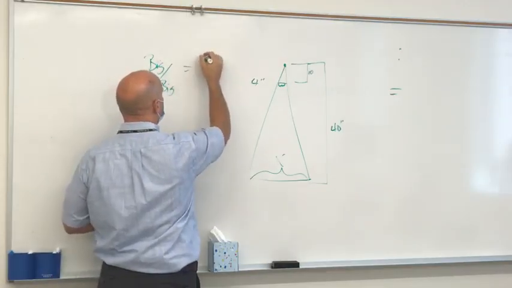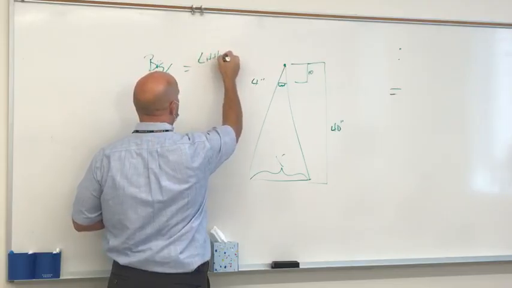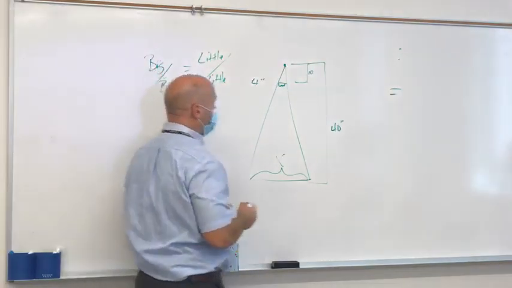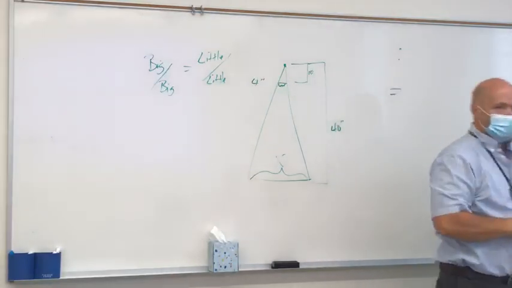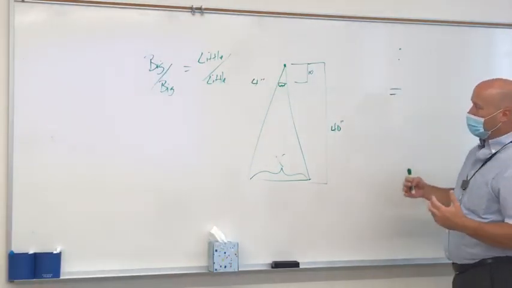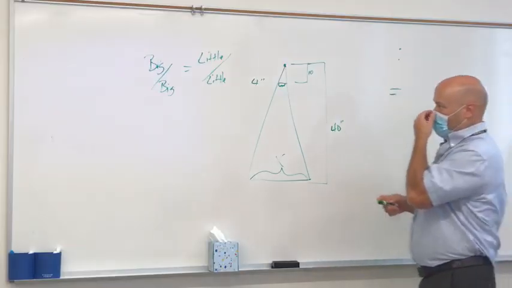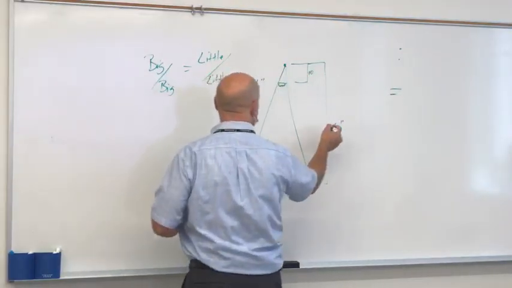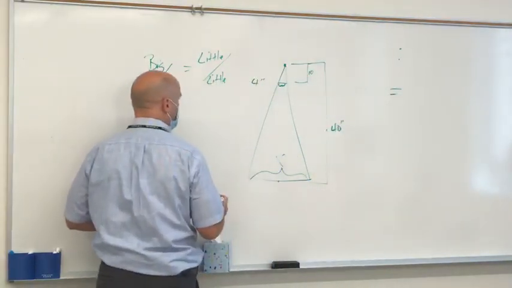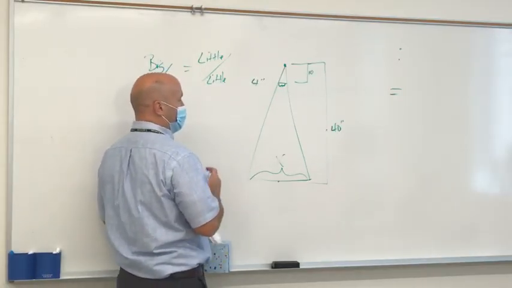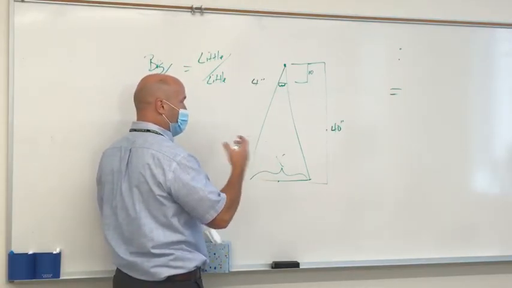big over big is equal to little over little, is the easiest way to remember it. Okay, so what we're talking about is we've got 2 long distances and 2 short distances, okay? So our big distances, we've got a big here and we've got a big there, right? So what we want to make sure that we do is we keep like things across from each other.